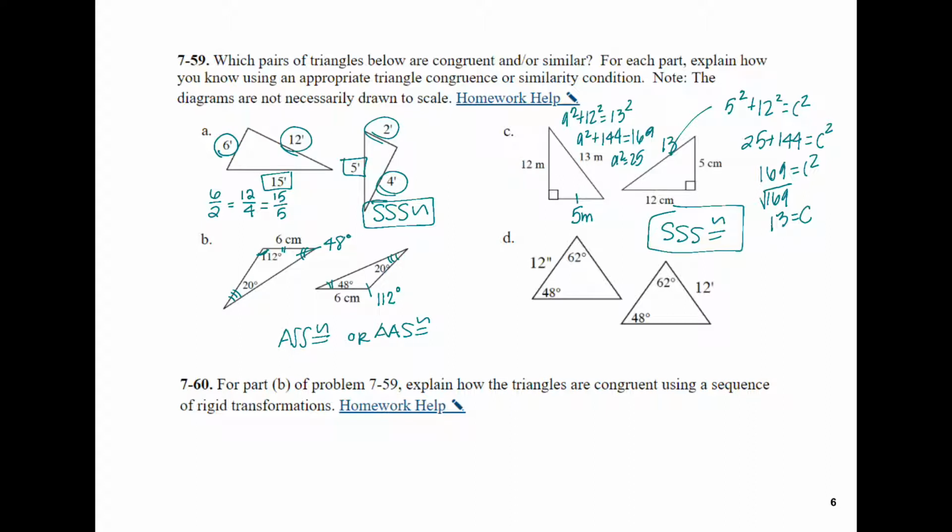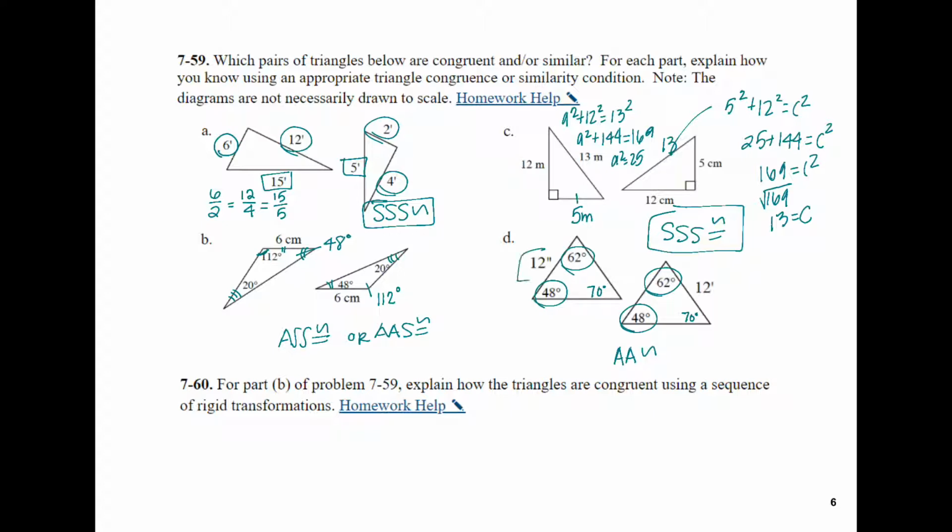Looking at example D, I notice that my top angle in both of my triangles is 62 degrees. I know that my bottom angle in both of my triangles is 48 degrees, which would mean my missing angle in both triangles is 70 degrees. So I know that by angle-angle similarity, these two triangles are similar.